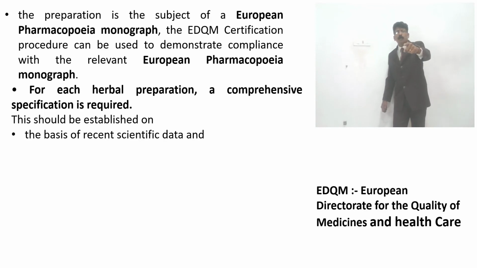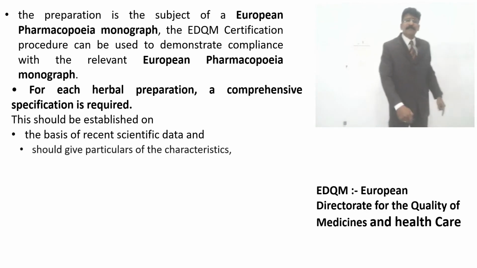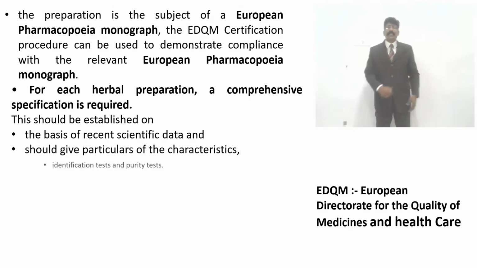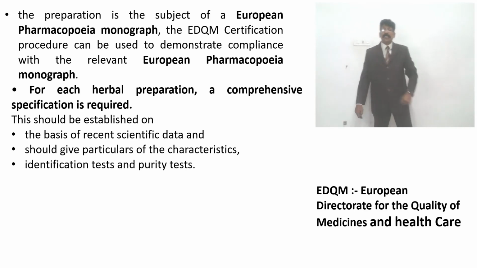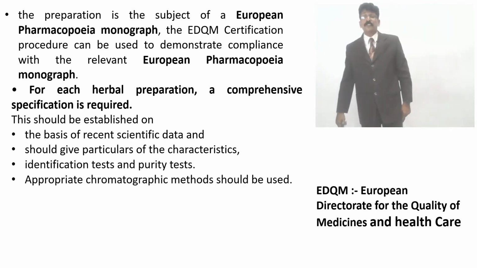Like we discussed the scope and the three differentiations in the European Union guidelines. It should be established on the basis of recent scientific data first, and should give particulars of the characteristics, an identification test and purity test, and appropriate chromatographic methods should be used. Very simple, you can remember all these five points.